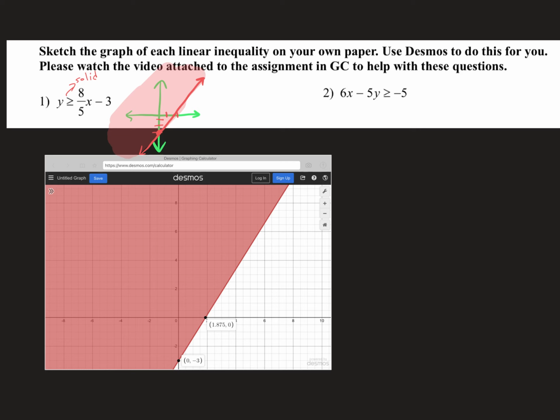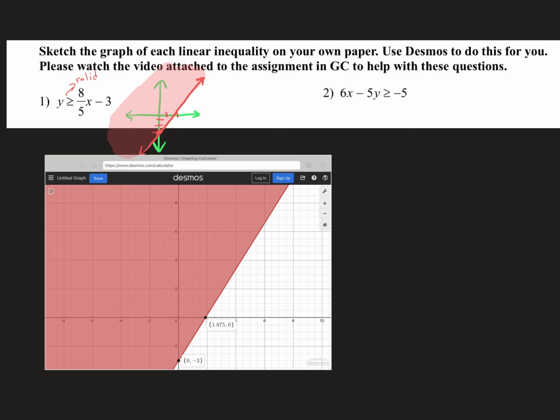Make sure you write down the problem, then draw your graph. Use Desmos to draw that graph for you, but draw your graph on your paper and make sure you have shading. Now I did actually shade outside the lines. Whoops. So let me go back and shade that. Try to be better at doing that. Okay, there we go. I have graphed number 1.